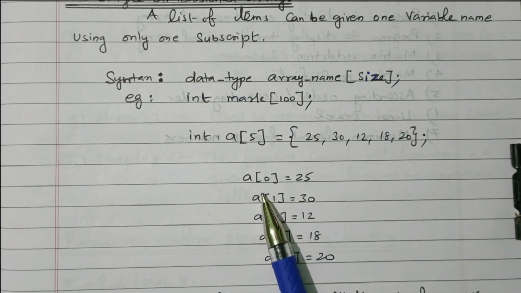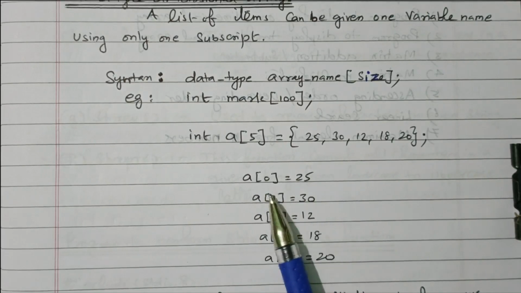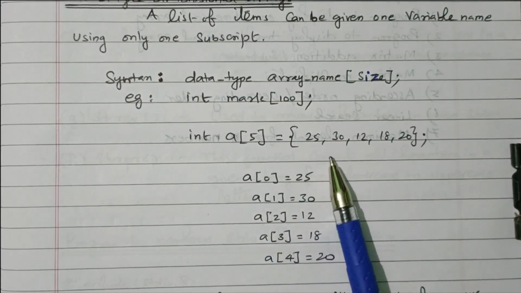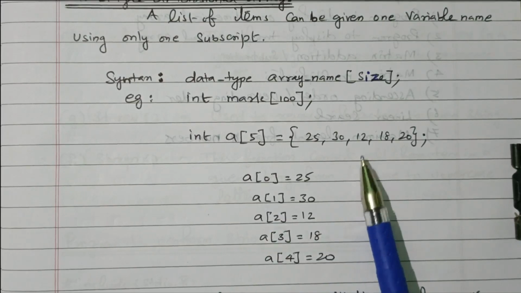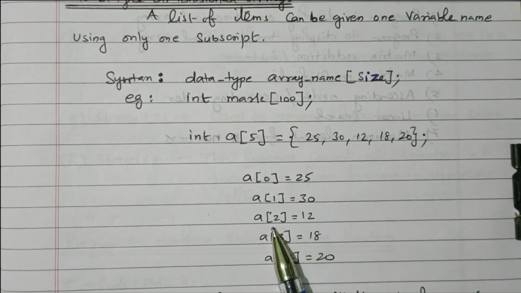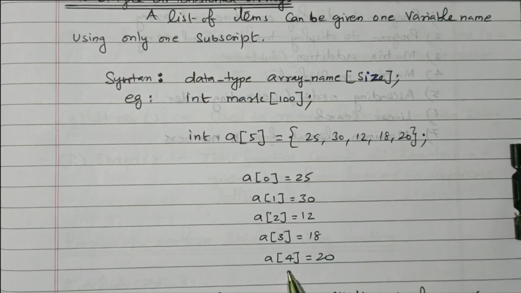Array indices differentiate where an element is located, the memory location. The first element 25 is stored in a[0], the second, 30, in a[1], the third, 12, in a[2], the fourth, 18, in a[3], and the fifth, 20, in a[4].